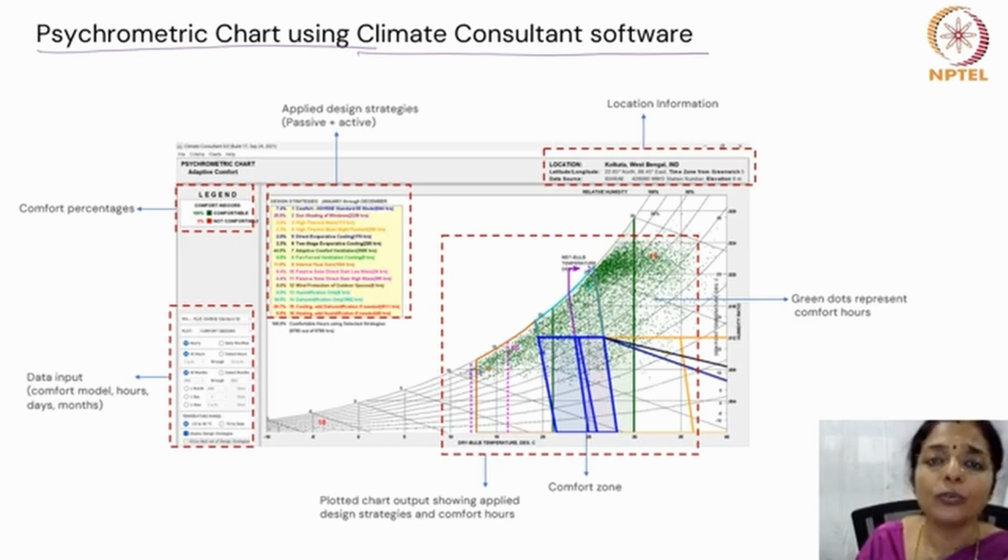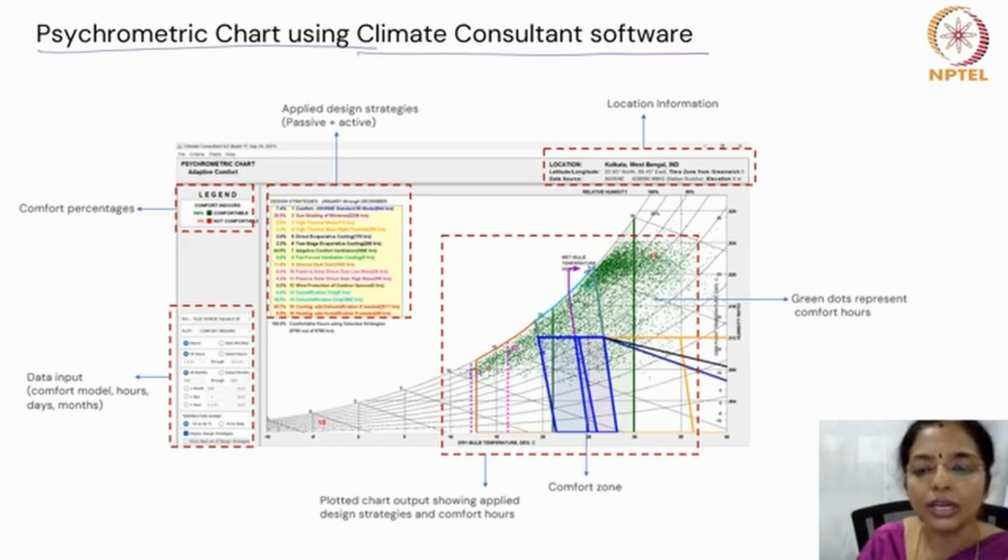The software then gives detailed design guidelines for each specific zone and comfort level. This chart provides a very clear strategy. The one that you see is based on Kolkata's climate data, to improve thermal comfort through passive and active measures tailored for various times of the year.